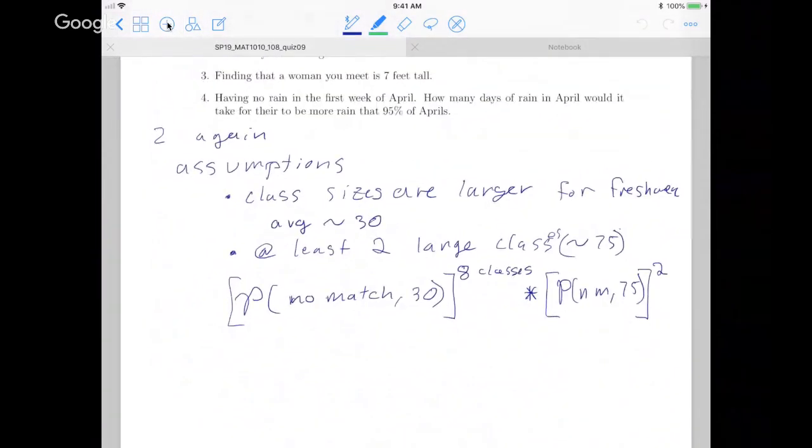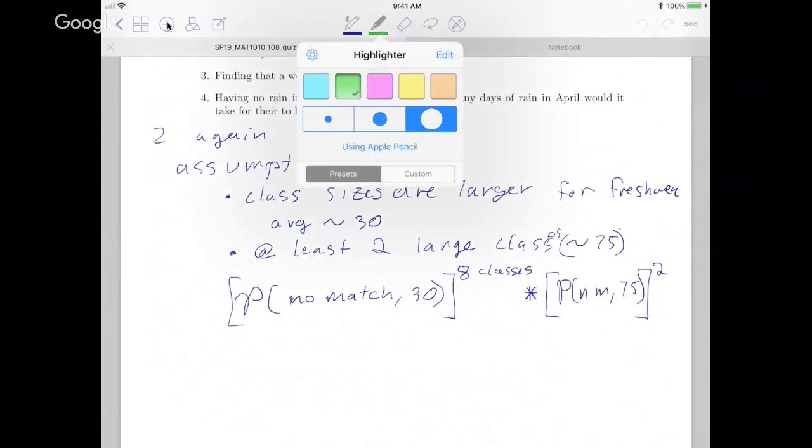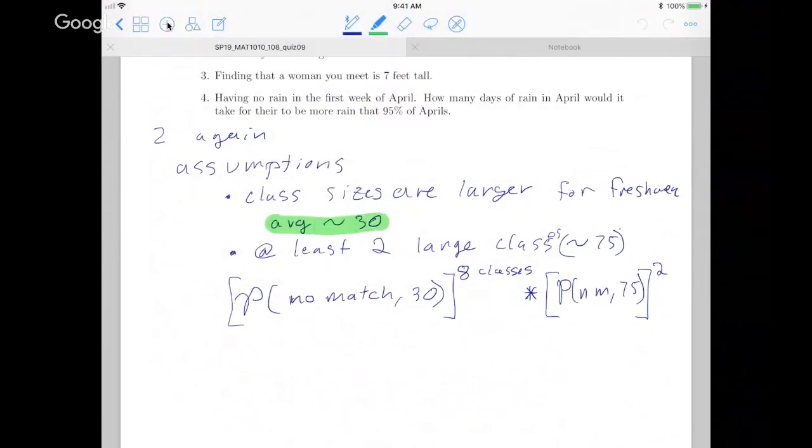This time I'm going to alter the assumptions a little bit, because in general, freshmen have slightly larger classes, though lower level classes are generally smaller. I added 2 assumptions here: your average is a little bit bigger for any class, and you're going to have at least 2 large classes, about 75.